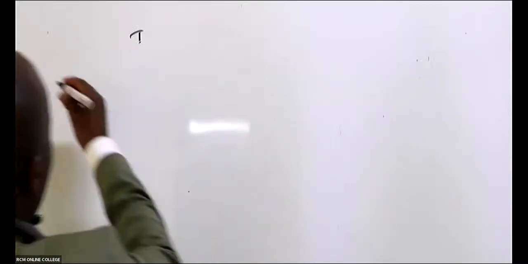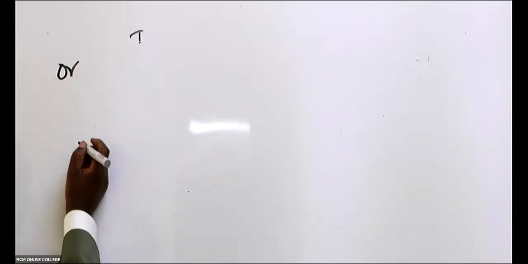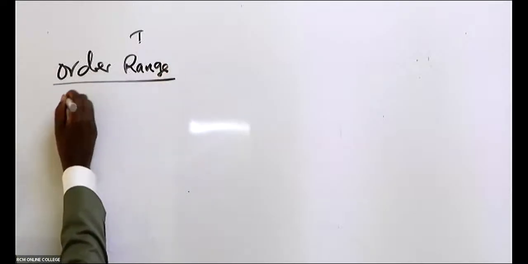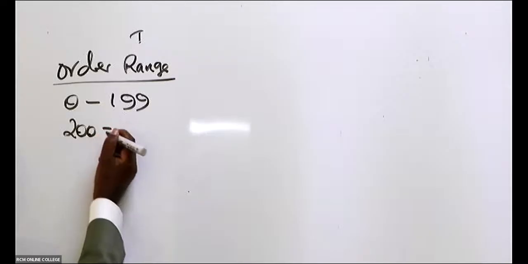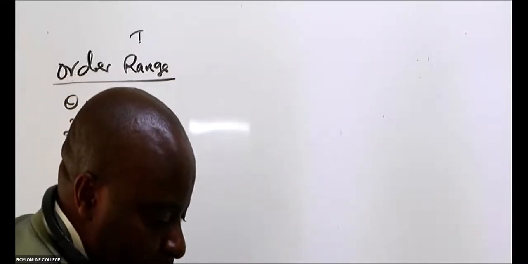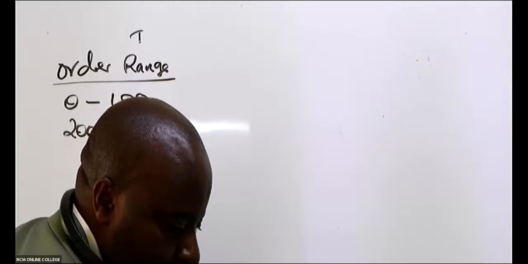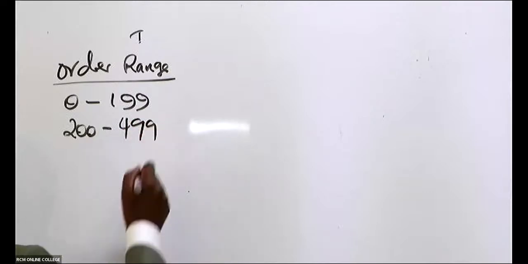So we have the order ranges: 0 to 199. Then we have 200 to, if you look at that question, 499.